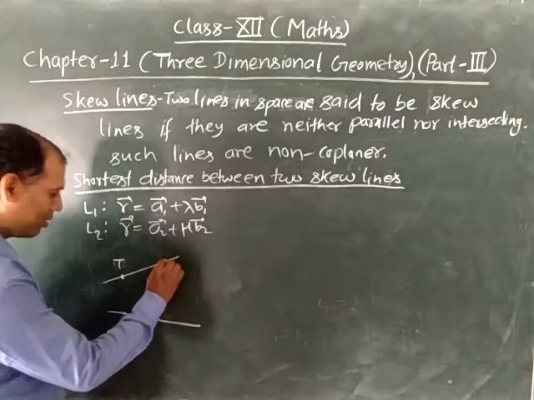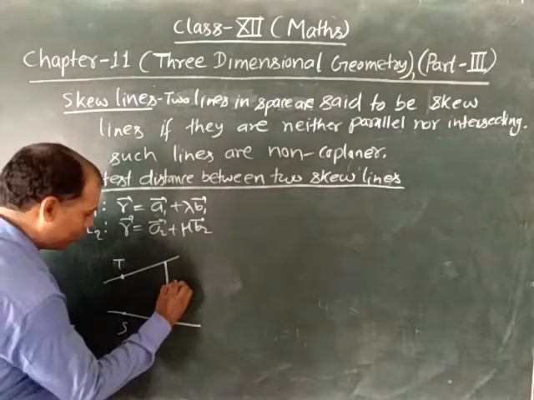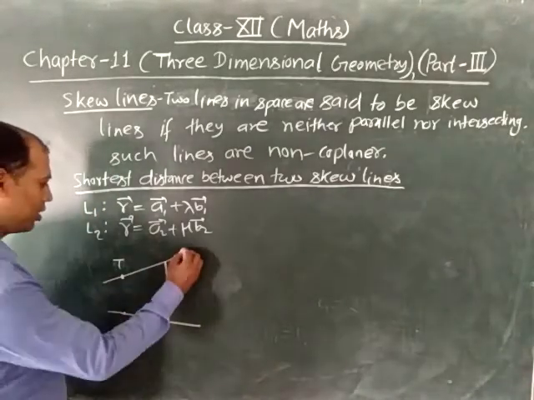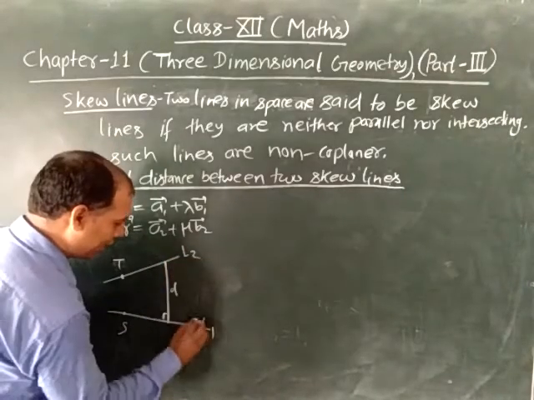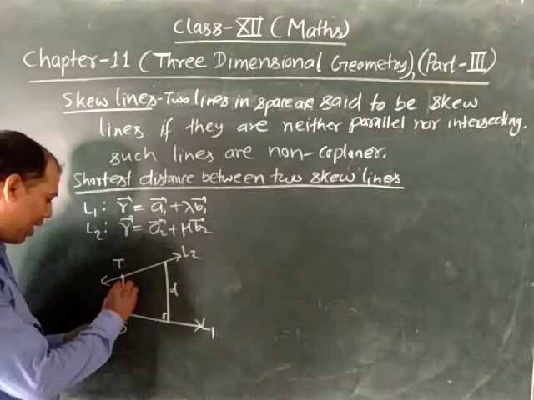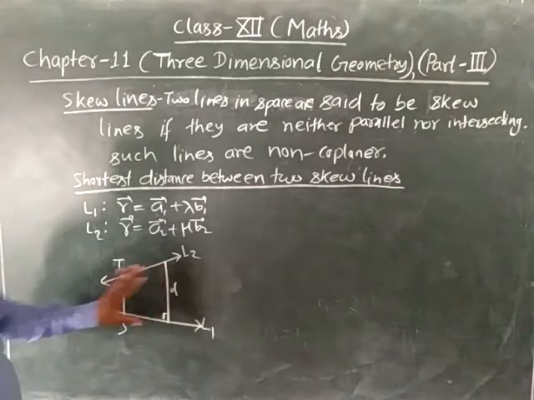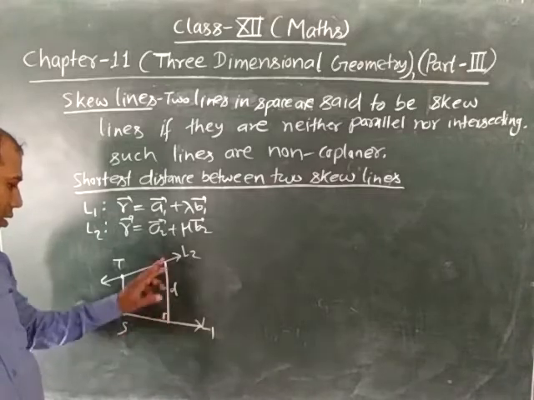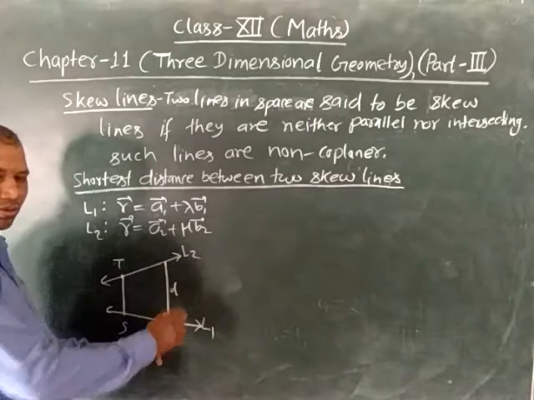And consider this is the shortest distance between two lines. Suppose that the value of this line is D. This is the line L2 and this is the line L1. Now if we join S and T, then this is the projection of ST on the common perpendicular of these two lines.